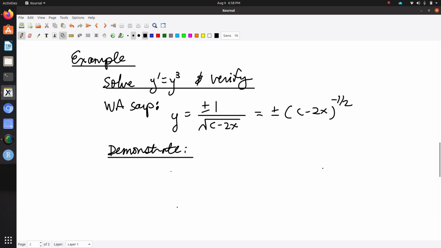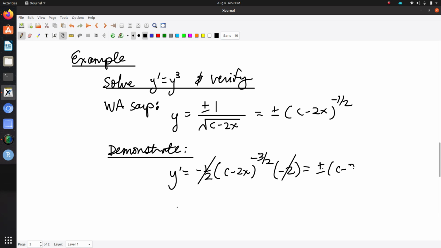Okay, so then we're going to take the derivative, and it's going to be minus 1/2 to the minus 3/2 times the derivative of what's inside. So lucky for us, this guy wipes out with that guy. We still have a plus and minus sitting out front, to the minus 3/2, and let's just see if that satisfies the differential equation.